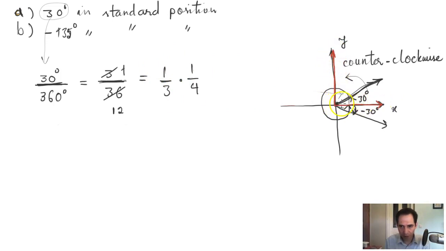So this is 1/4, and now 1/3 of this fraction of the circle becomes, basically, you have to divide this whole angle into 3 equal parts, and then take one of those parts. So this is one equal part, and this is another part.